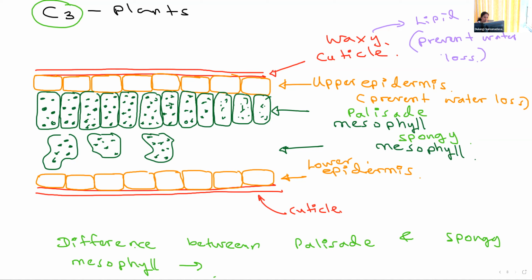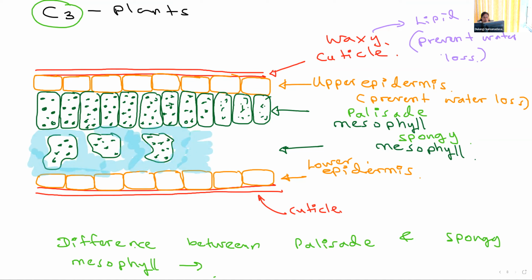But in the spongy mesophyll, can someone tell me what this space is here? Intercellular or intracellular space? I'm highlighting here. Which one is it? Inter or intra? Tell me the answer.